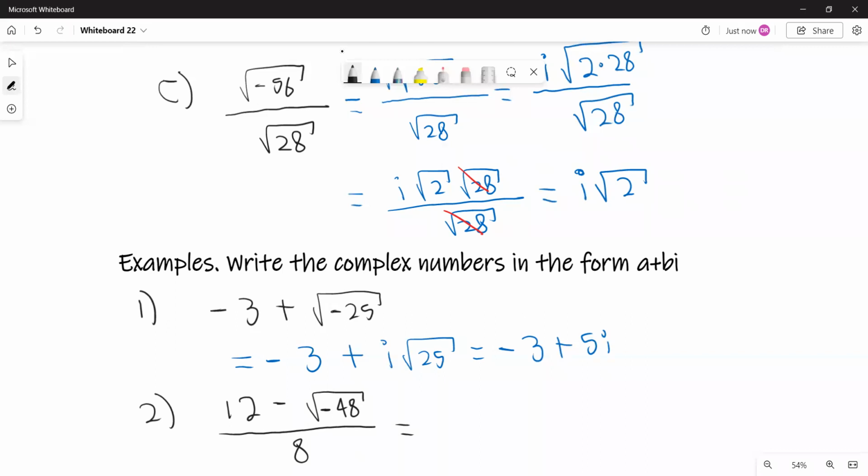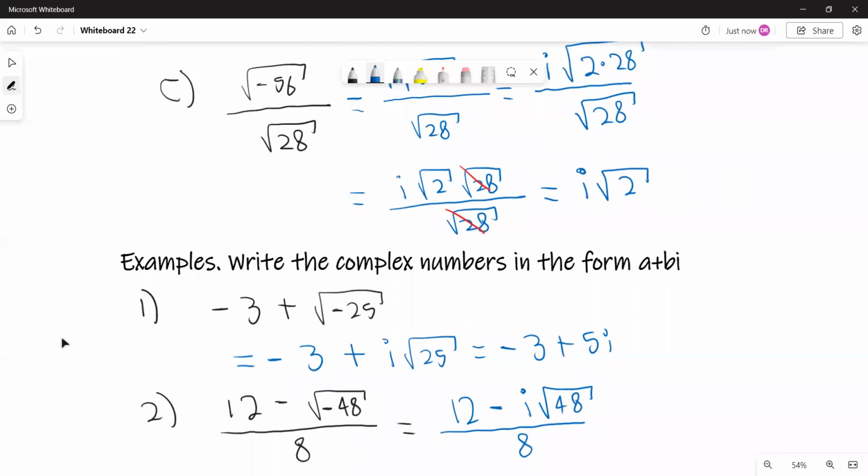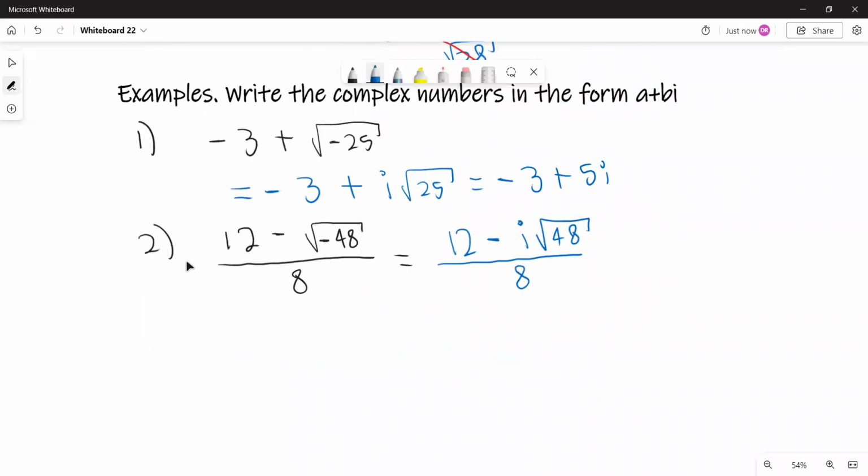The square root of -48 is i times the square root of 48, divided by 8. These are like fractions. We can separate the terms. We can separate this as 12 over 8 minus i times the square root of 48 over 8. So 12 over 8, we can reduce the fraction as 3 over 2.